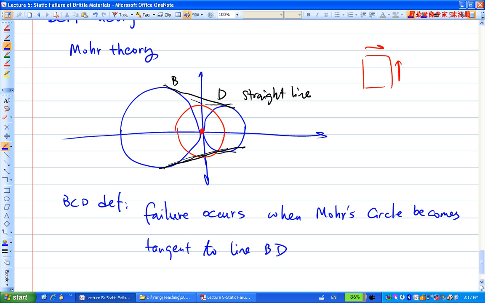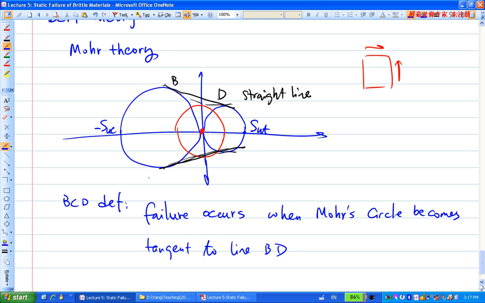It's very simple. And where does the line BD come from? The BD line is based on two Mohr circles. One is the tensile test circle. The other is the compressive circle.